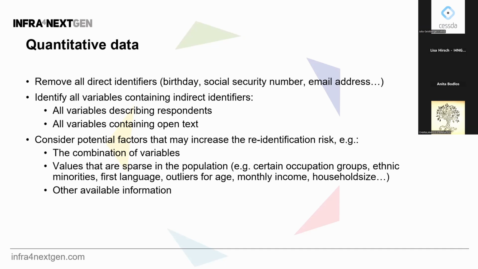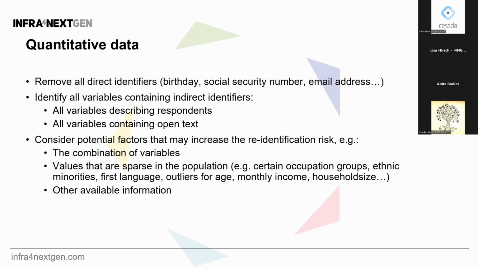So if I take Austria as an example, in the general population there are many persons who have parents, for instance, born in Germany or in other neighboring countries.